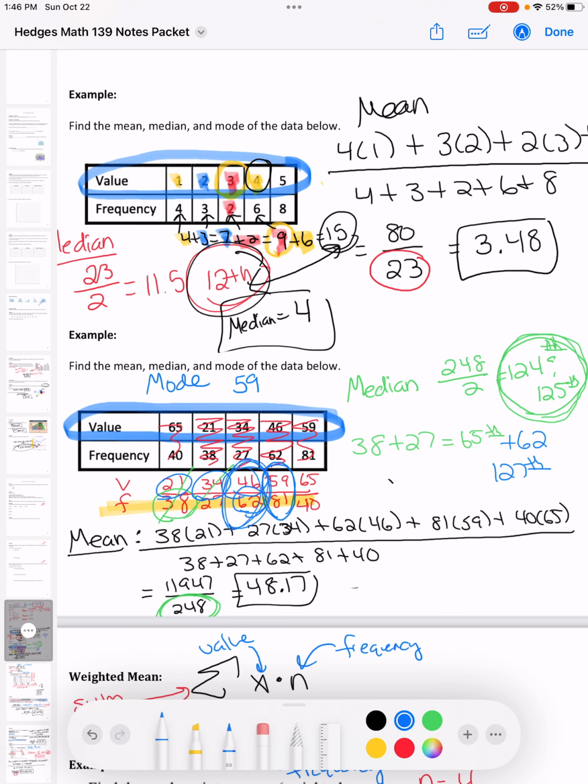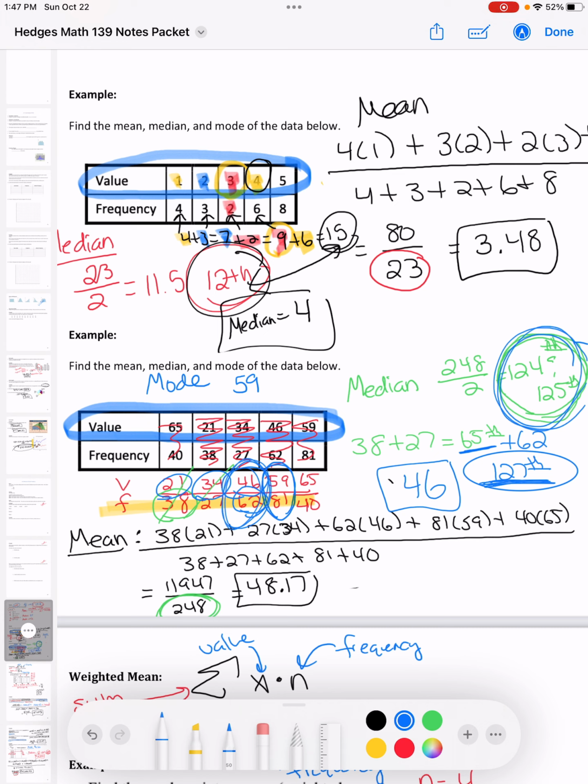When I get done writing the 46s out, in theory, I'm not doing it, but in theory, if I were to write them all out, the 127th number would be a 46. I don't want to write them all out, but I know that my goal was the 124th number. So every number between the 66th number and the 127th number was the number 46. So that was our median there.